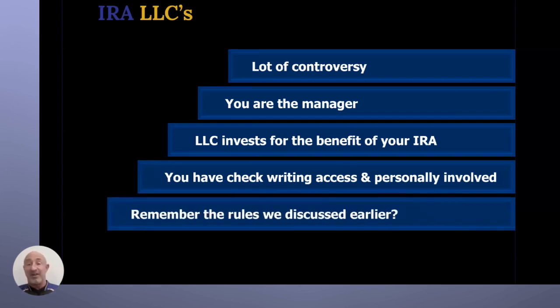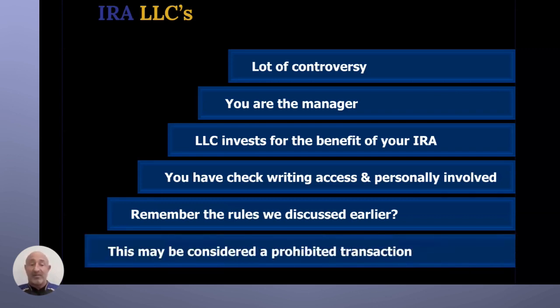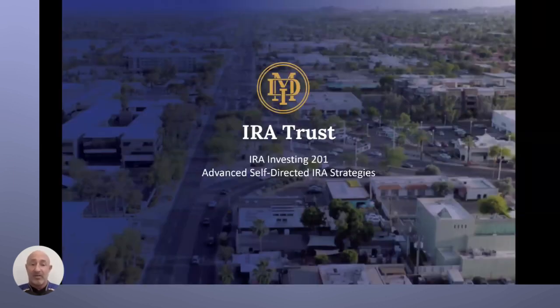This may be considered a prohibited transaction, and that would completely unwind any tax benefits that you had with your IRA if that's what happens. So just be careful. And again, I don't recommend this structure. And like I said, some custodians won't allow it. And so that would make me nervous. And I personally don't use this strategy.